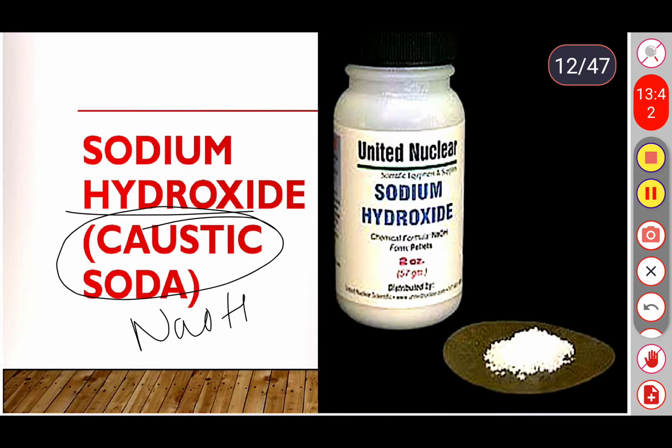One of the major compounds is NaOH. So caustic soda is prepared commercially by electrolysis of a strong solution of sodium chloride, NaCl, also called brine.